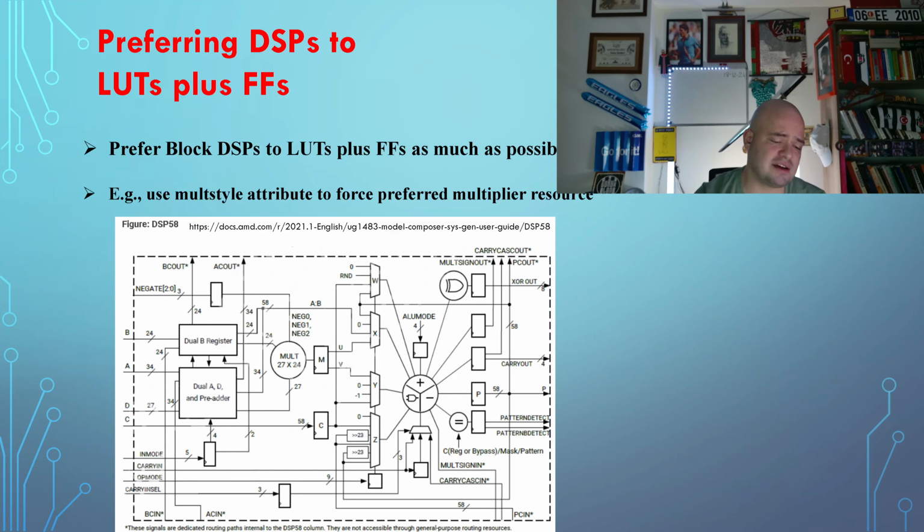There were not enough DSPs in a particular project, but in another one, since many DSPs were available, I preferred that multi-style attribute and forced it to use DSPs. And then, in the second one, I could achieve a higher clock frequency and implement the algorithm easily.